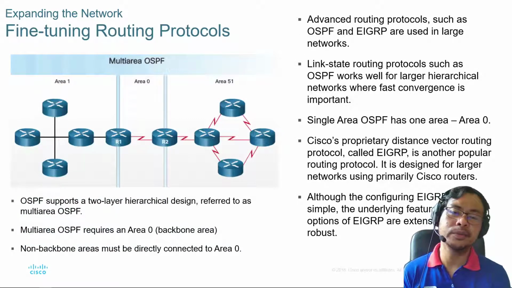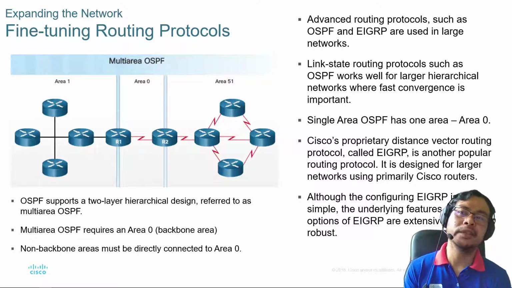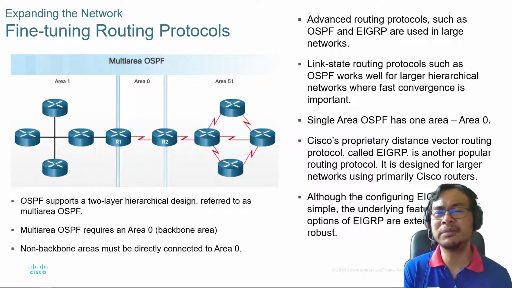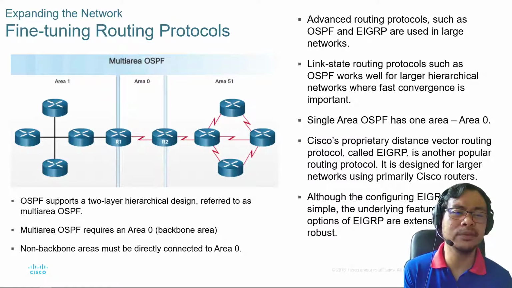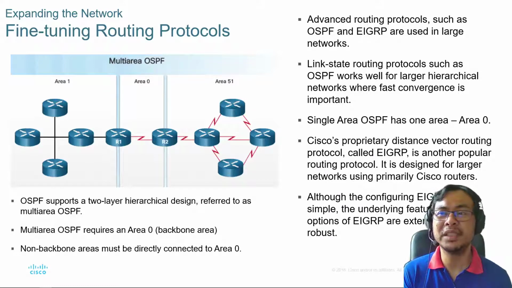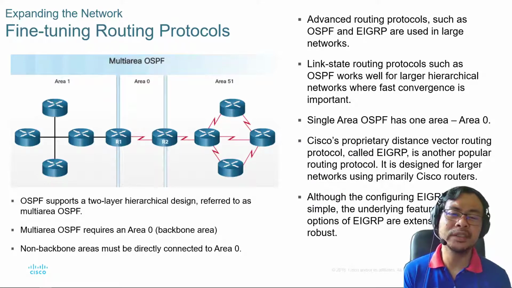Okay, you also would want to fine tune your routing protocols. So there are advanced routing protocols, not just yung mga basic na ginagamit natin before, yung static and RIP. Of course, static has the advantages. RIP hindi na ganong nagagamit because of the long convergence time.